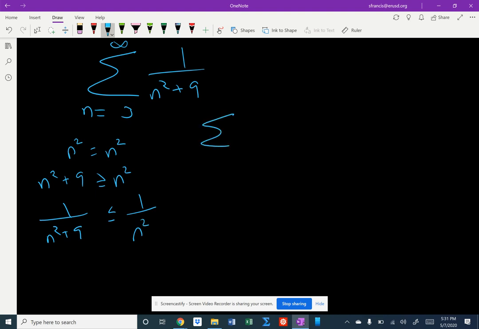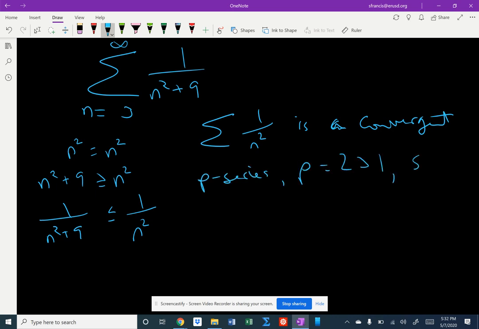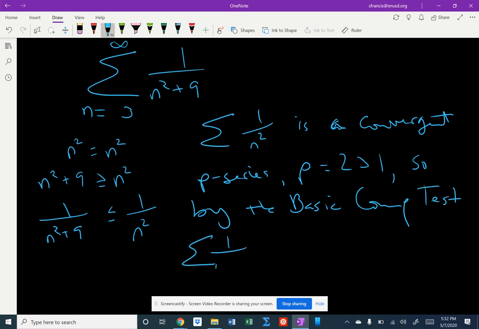And then the series 1 over n squared is a convergent p series with p equal to 2 greater than 1. So by the basic comparison test, the series 1 over n squared plus 9 converges.